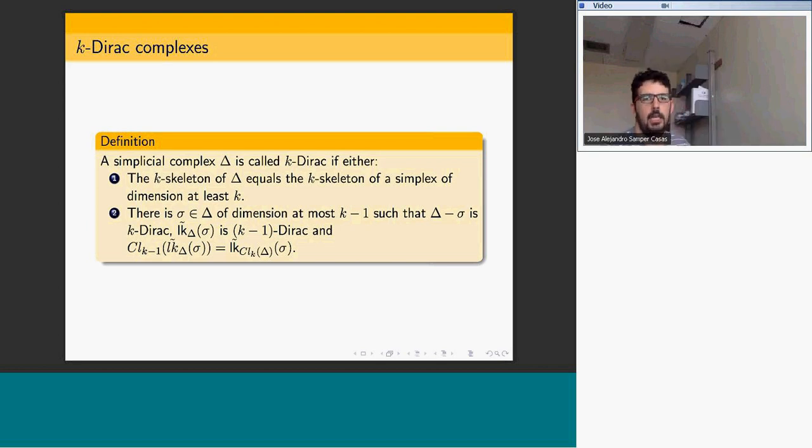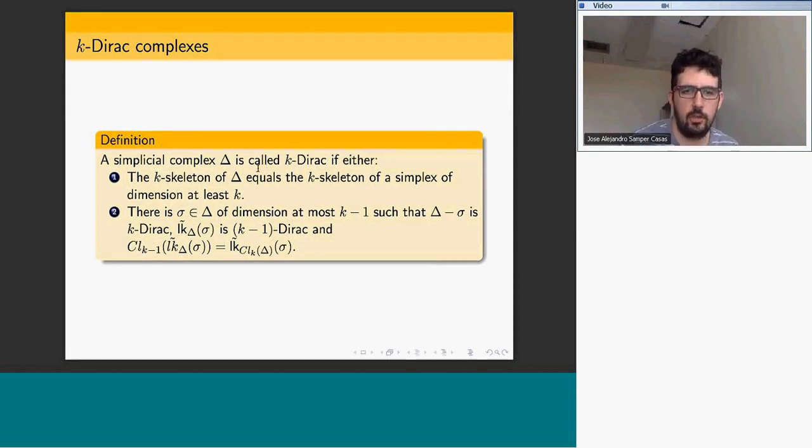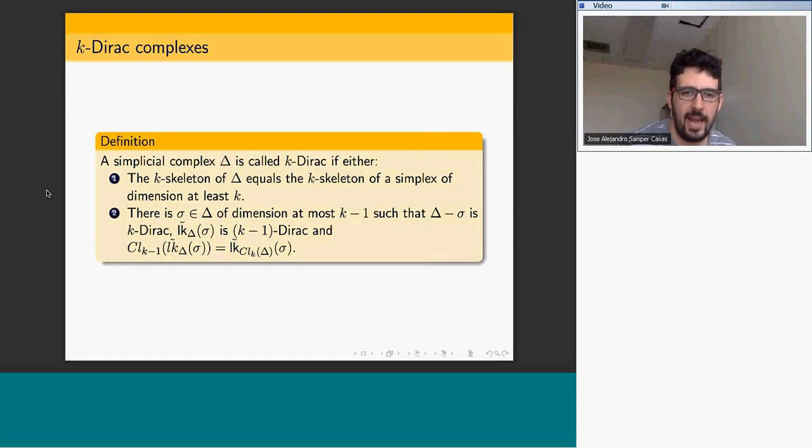How can a complex be K-Dirac? I'm going to say that my simplicial complex is K-Dirac if it is equal to the K-skeleton of some simplex of dimension at least K. The K-skeleton of a high dimensional simplex is K-chordal. That is a simplicial complex that we understand pretty well.